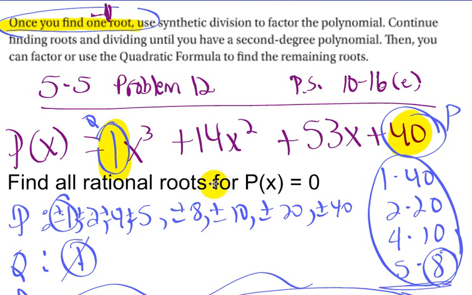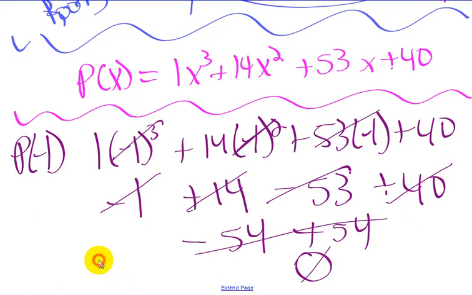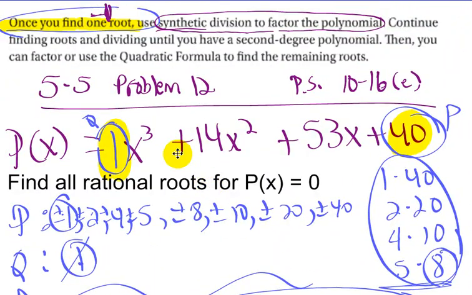Okay? Now the next thing they say is use synthetic division to factor the polynomial. So let's do this. Now that we've got our first 0, we're going to use synthetic division because that's what the next step says. Use synthetic division to factor the polynomial.